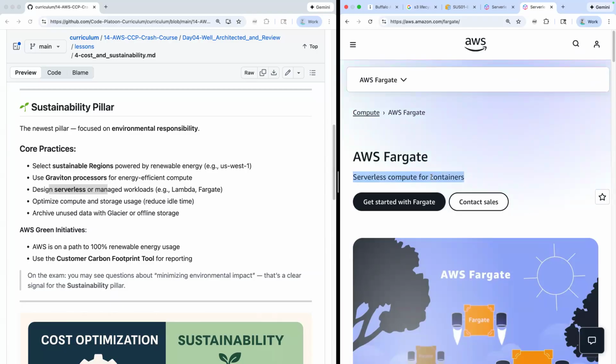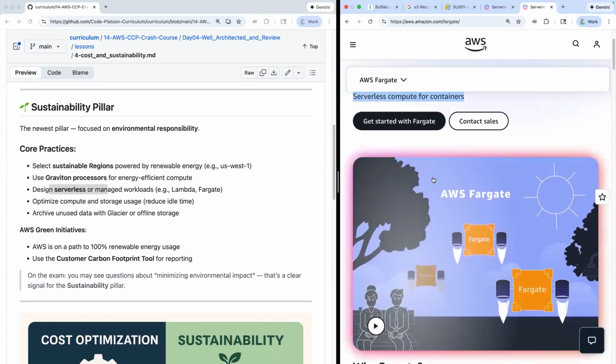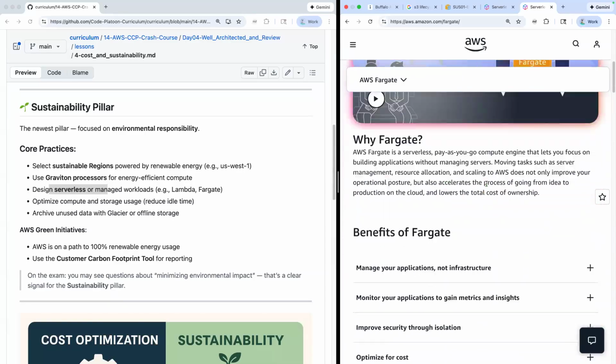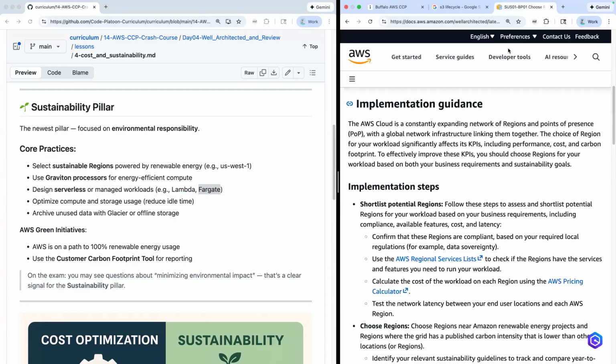Basically, I can stick Django in a container and run all of Django and stop it so it only runs whenever it's needed. So Fargate is a serverless pay-as-you-go compute engine, so you don't have to think about server management. So Lambda and Fargate are AWS's two main serverless tools in the toolbox.